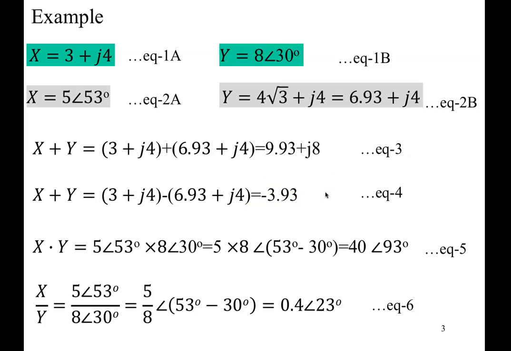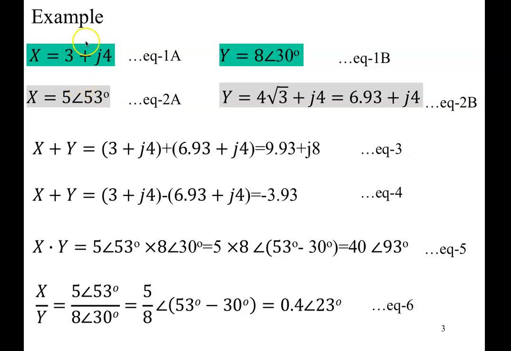Okay, if I want to multiply the two numbers in equation 1a and equation 1b, now this y is okay, x is not, so I need to convert that x into the polar form, which is 5 angle of 53.